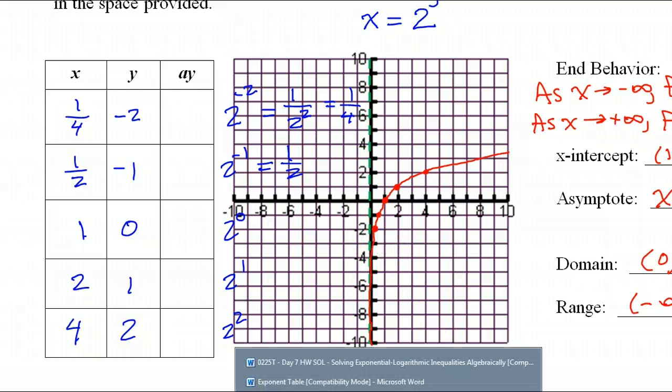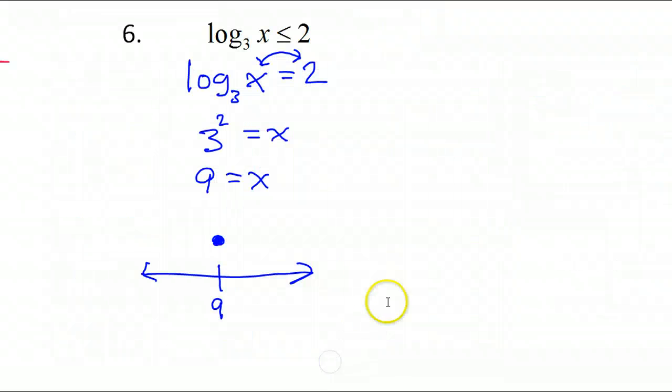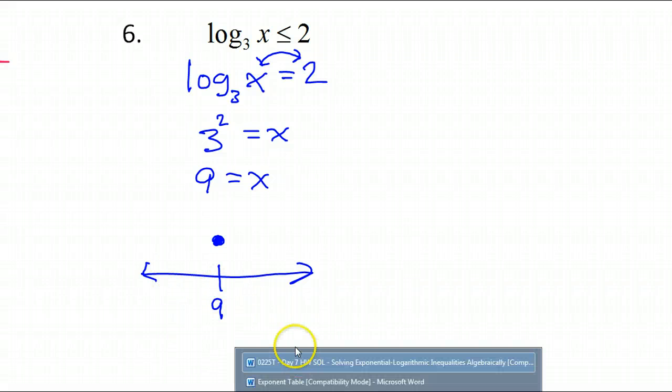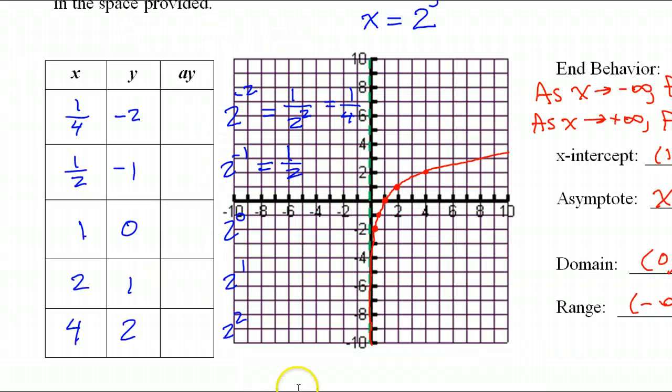So that's why I can't use a test value of 0 because it's not part of the domain of a log function. Now also, let's look back at that graph again. Not only is this the asymptote, but the graph is not going past it. Alright, so it's not going to be 0 or anything negative.